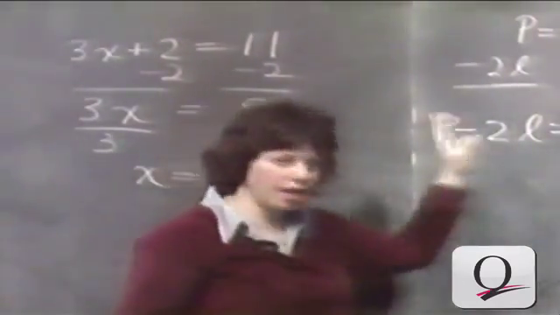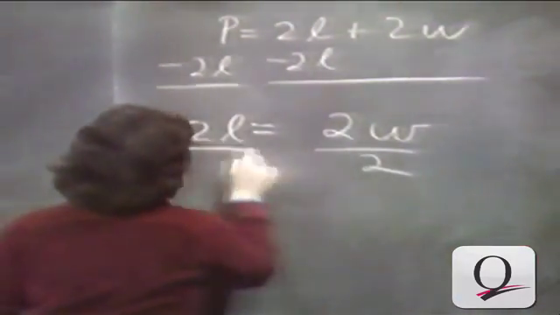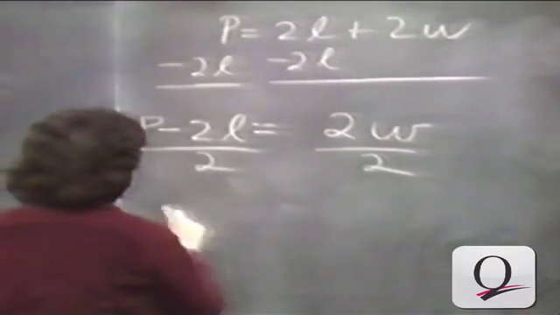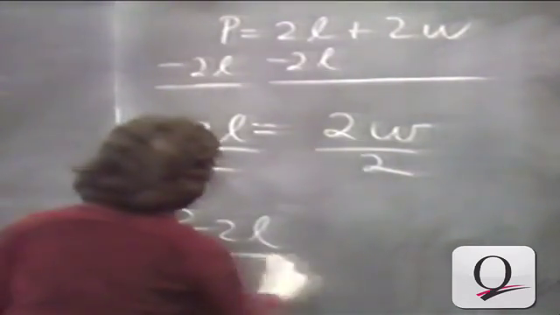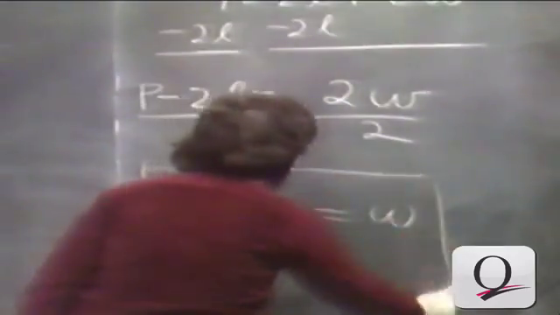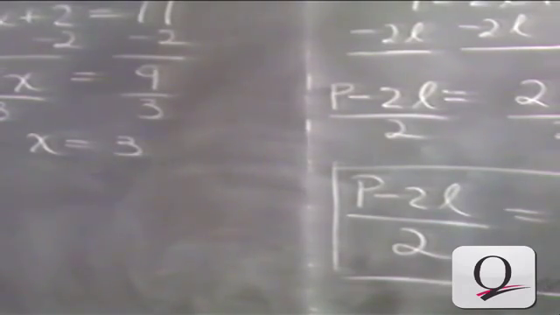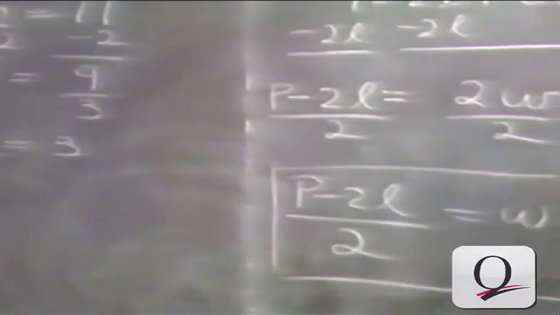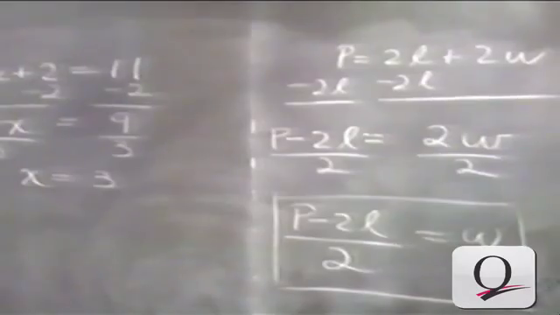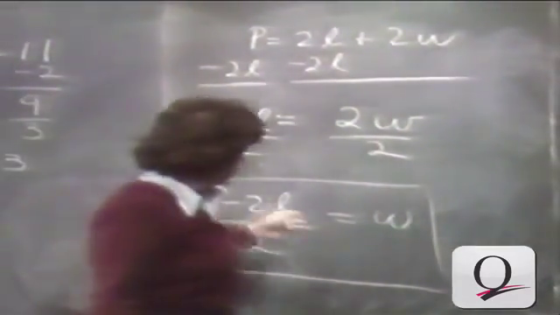It's just going to be P minus 2L. Then we're going to try to isolate W, so we'll divide both sides of the equation by 2, giving you P minus 2L over 2 is equal to W. And we have solved the original equation for W. So we now have W solved in terms of P and L.